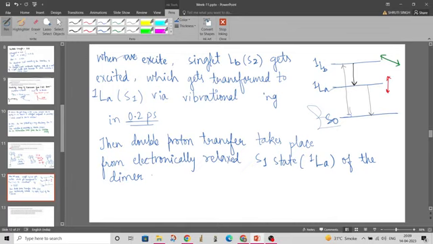And also Takeuchi and Tahara claimed that the double proton transfer is concerted.